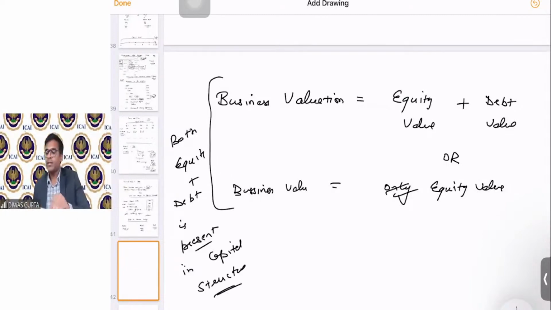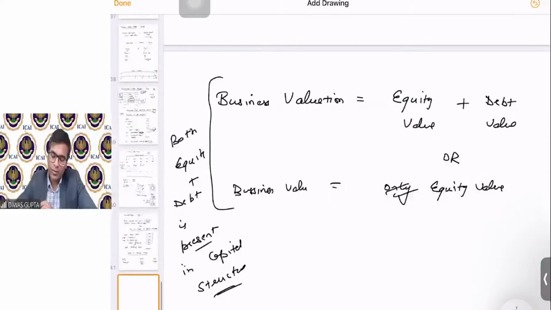Tell me, students, this is a very fundamental question. While we talk about business valuation or the business value, do we need to take into account equity value as well as debt value, or only equity value I can calculate and I can say that this is equal to the business valuation? Whatever debt value I'm calculating, I can ignore it for the business valuation perspective. Very, very important thing, students.